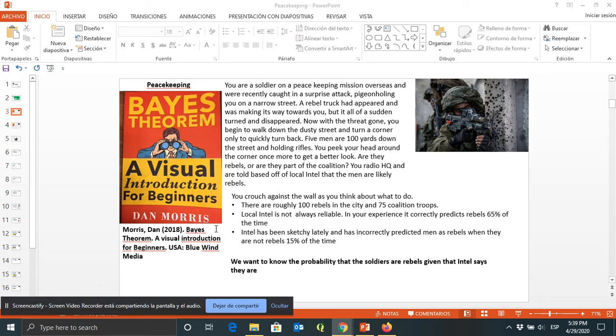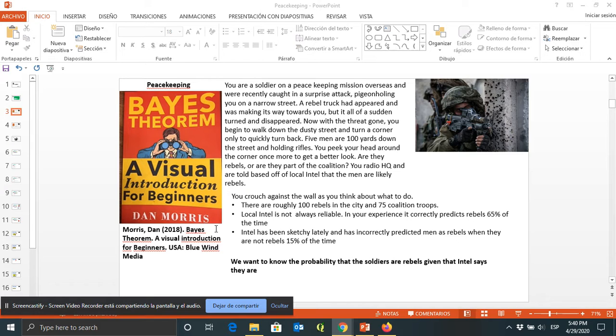You peek your head around the corner once more to get a better look. Are they rebels? Are they part of the coalition? You radio HQ and are told based off of local intel that the men are likely rebels. You crouch against the wall as you think about what to do. There are roughly 100 rebels in the city and 75 coalition troops.